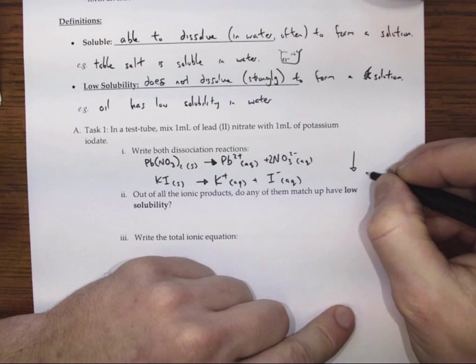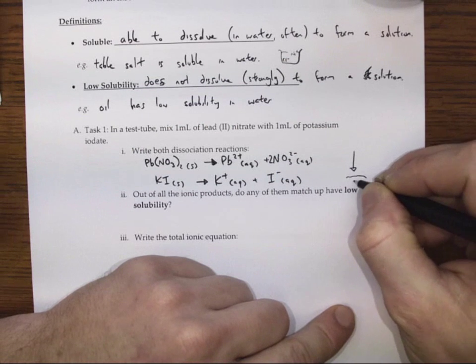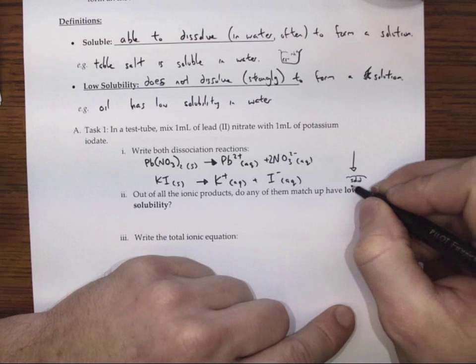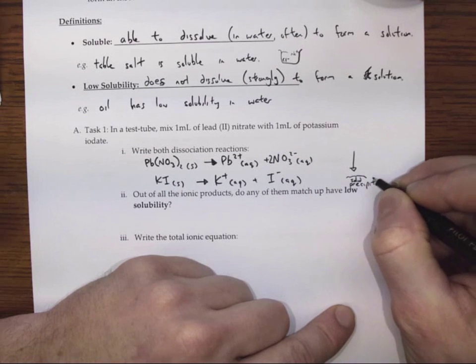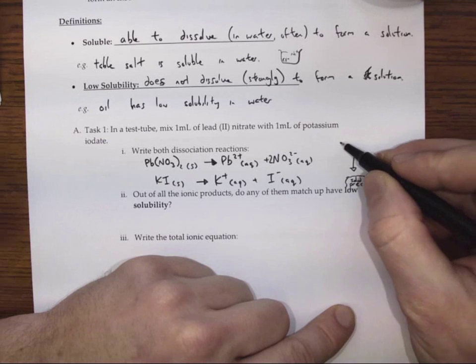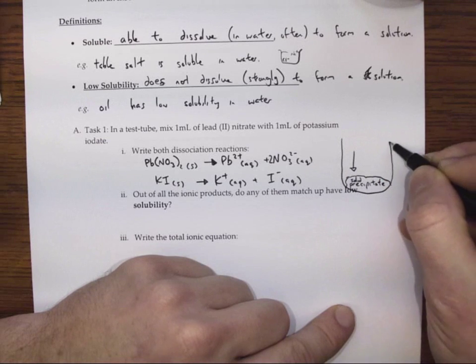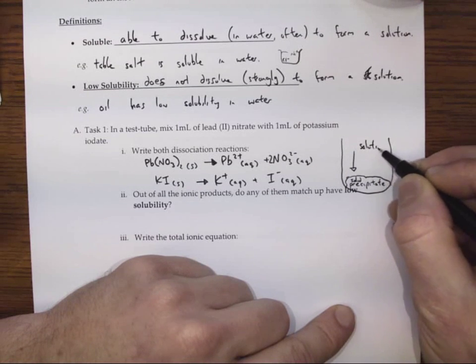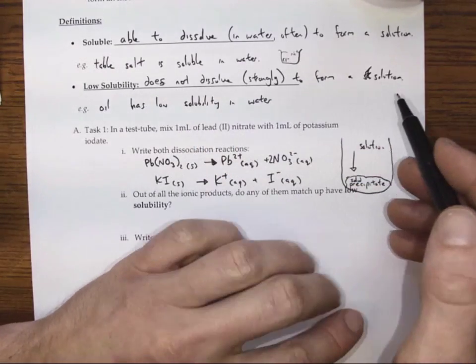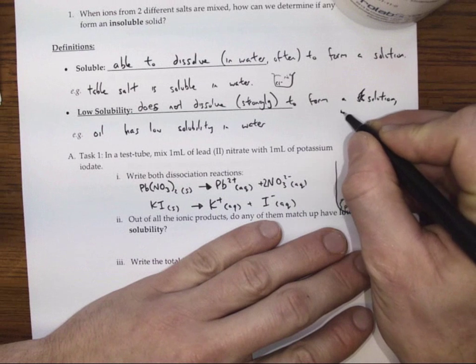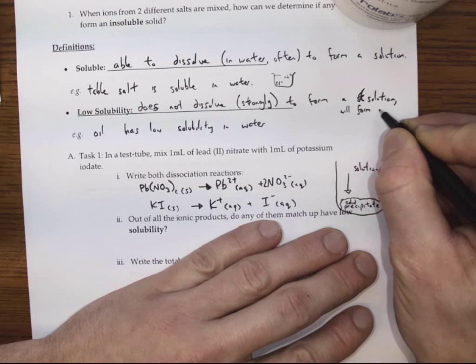And they've formed a solid that eventually is going to form a precipitate, solid precipitate at the bottom of our test tube. I should probably add that to the definition of low solubility. Something that doesn't dissolve strongly to form a solution and will form a precipitate.